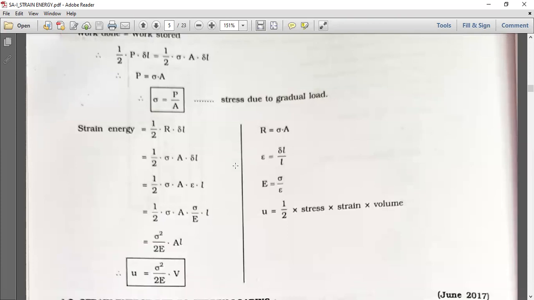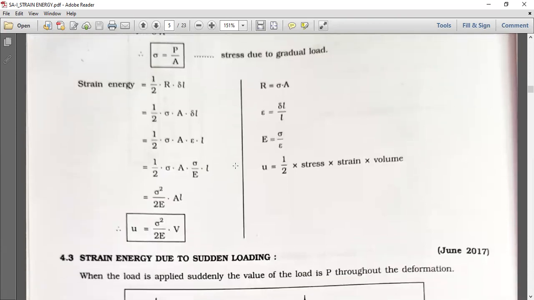Now strain energy. Strain energy is equal to 1/2 into R into delta L. R is equal to sigma into A, as we know. So I put it in: 1/2 sigma into A into delta L. But we know that delta L is equal to epsilon into L, from the equation of strain: strain is equal to change in length divided by original length.